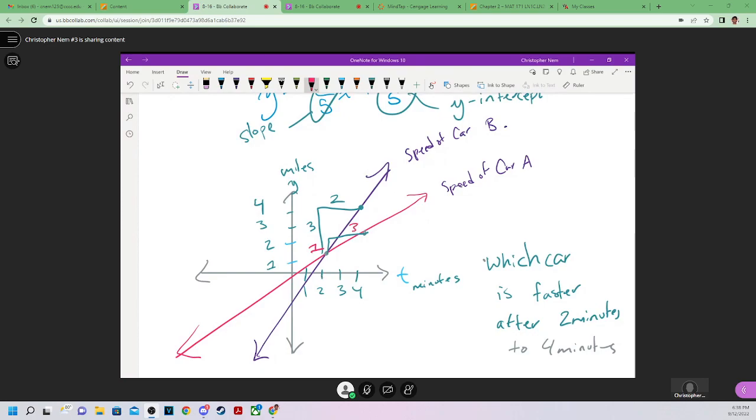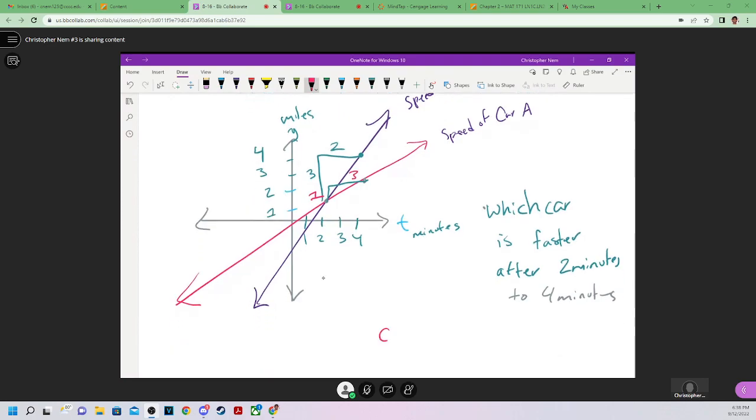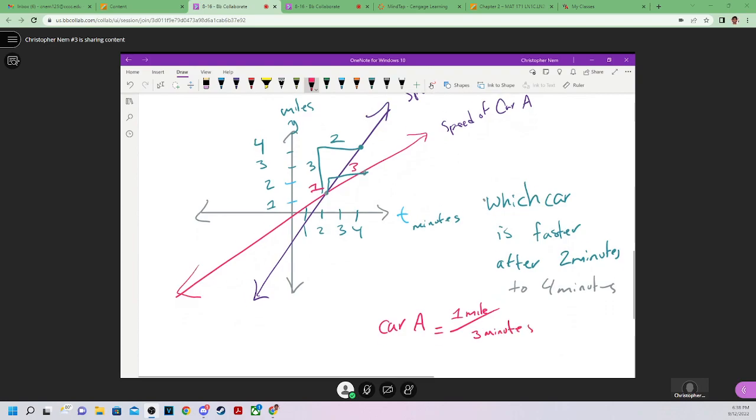So car A, and we have to understand this in context. Car A traveled at an average rate of, we rose 1 mile, so it's 1 mile over how much time? 3 minutes. That's its speed.